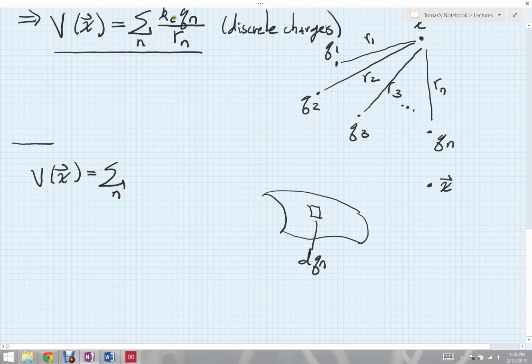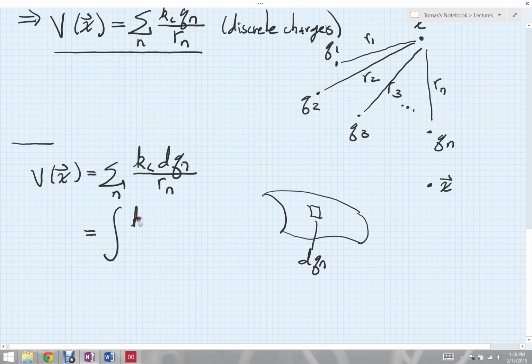Following my formula up here, it's going to be Coulomb's constant times whatever the little charge is, dqn, divided by the distance to that charge, r sub n. Pretty much so far just the formula that I've given to you up here. The magic comes in when we can turn this directly into an integral. The summation goes over in the infinite limit to an integral.